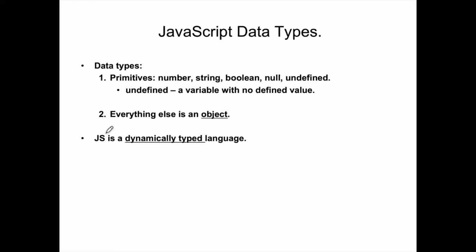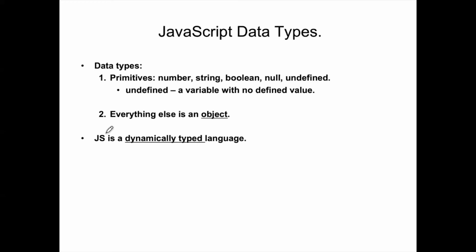Unlike Java, for example, when you declare a variable in Java, you have to state at the outset what type of variable it is, what type of value it can hold. With JavaScript, you don't need to do that. And that can give you great flexibility in one sense, but it can also be a source of errors in another sense.